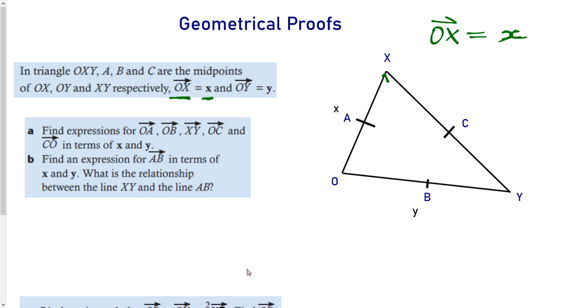Okay, so we know that this vector here is represented by this lowercase x, and this vector here is represented by this lowercase y. Now, what they want us to do here is write these vectors here in terms of this x and this y here, okay?